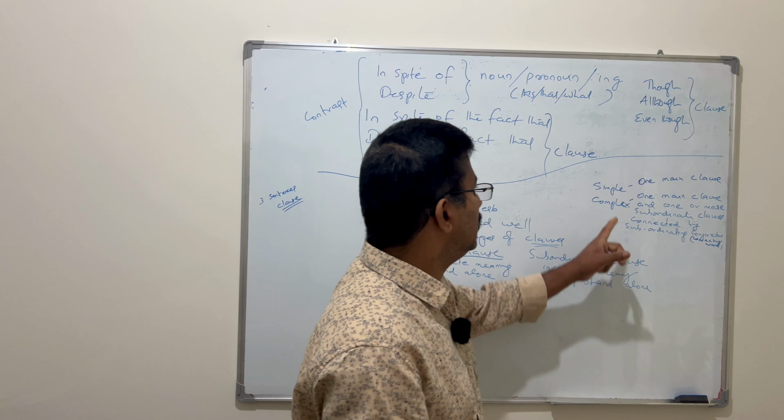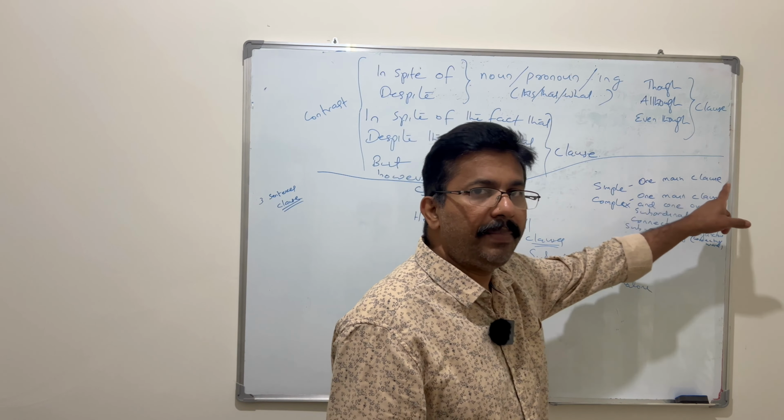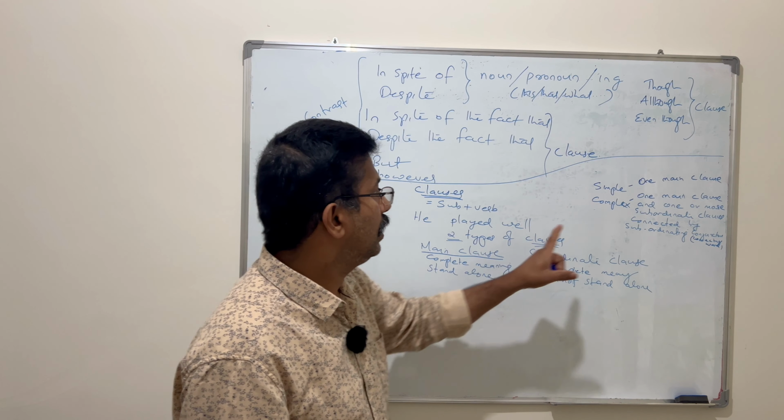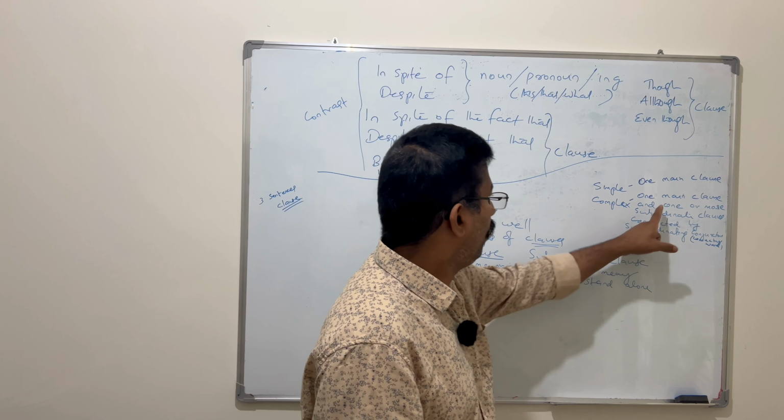All right. A simple sentence consists of only one main clause. What's a main clause? It has complete meaning. It can stand alone. Then a complex sentence consists of one main clause, which can stand alone, and one or more subordinate clauses, which can't stand alone.